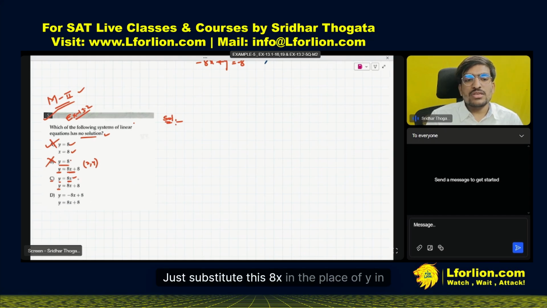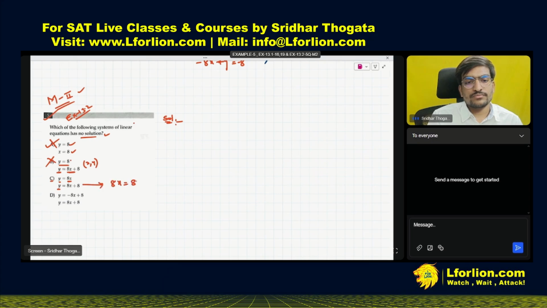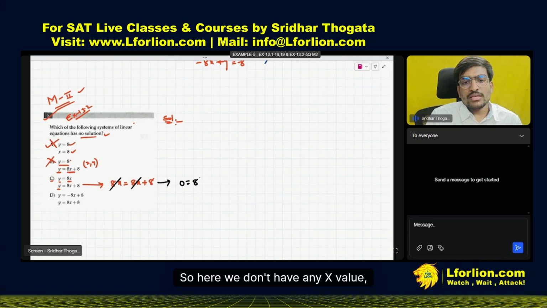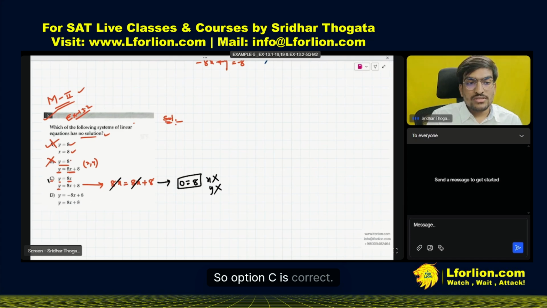Just substitute this 8x in the place of y in the second equation. So 8x cancels off, you will be getting 0 equals 8. So here we don't have any x value, we don't have any y value. So which means this is a no solution. So option C is correct.